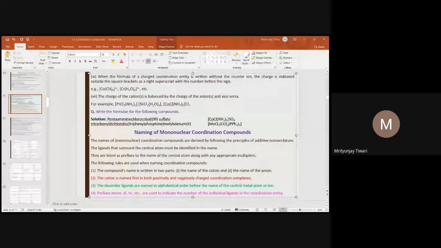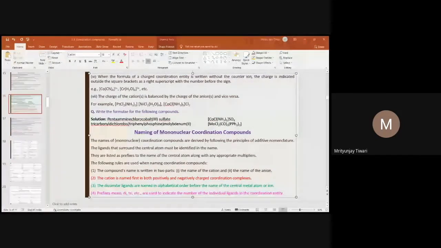Now we have seen through this example how one can write the chemical formula of mononuclear coordination compounds or coordination entities. Now let us look into the IUPAC nomenclature of mononuclear coordination compounds. There are again certain rules we have to follow.